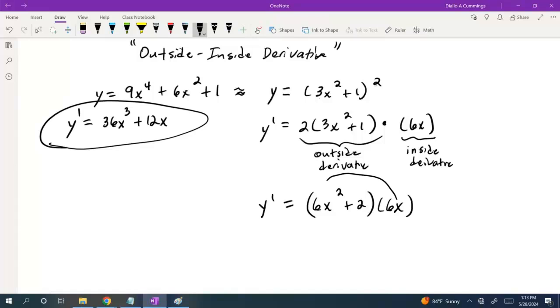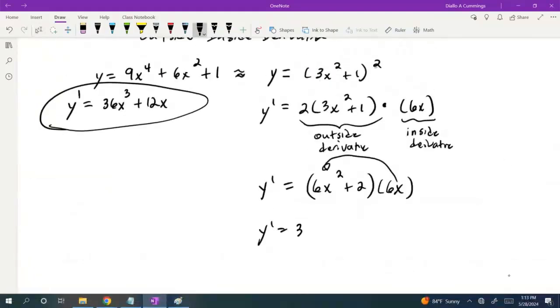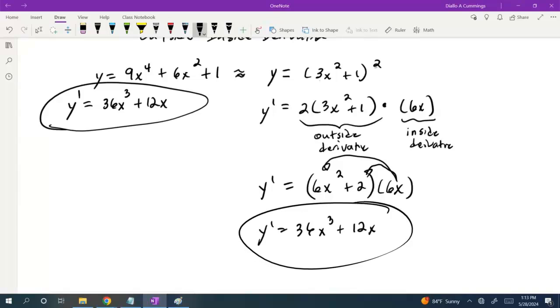So I'm going to use the distributive property. So 6x times 6x squared is 36x cubed. 6x times 2 is 12x. So notice that the derivatives are exactly the same.